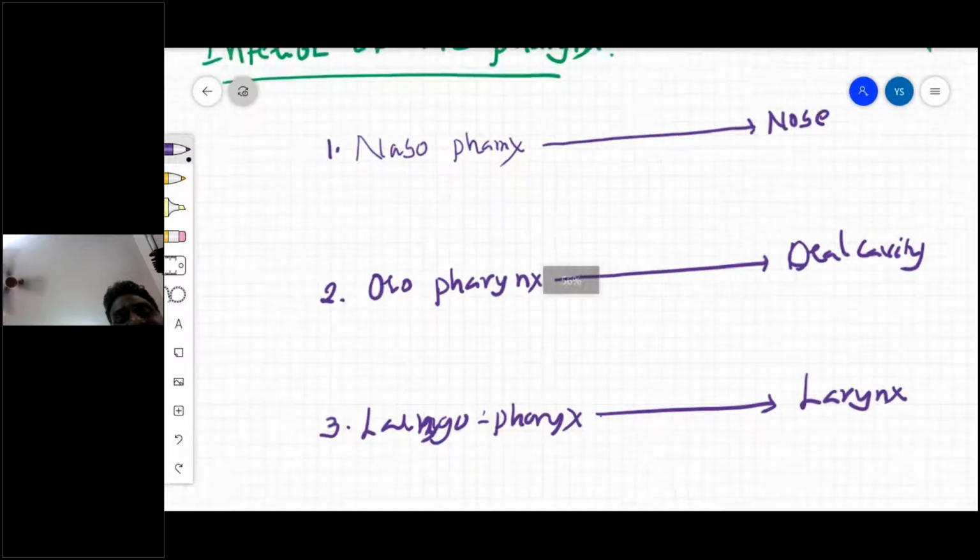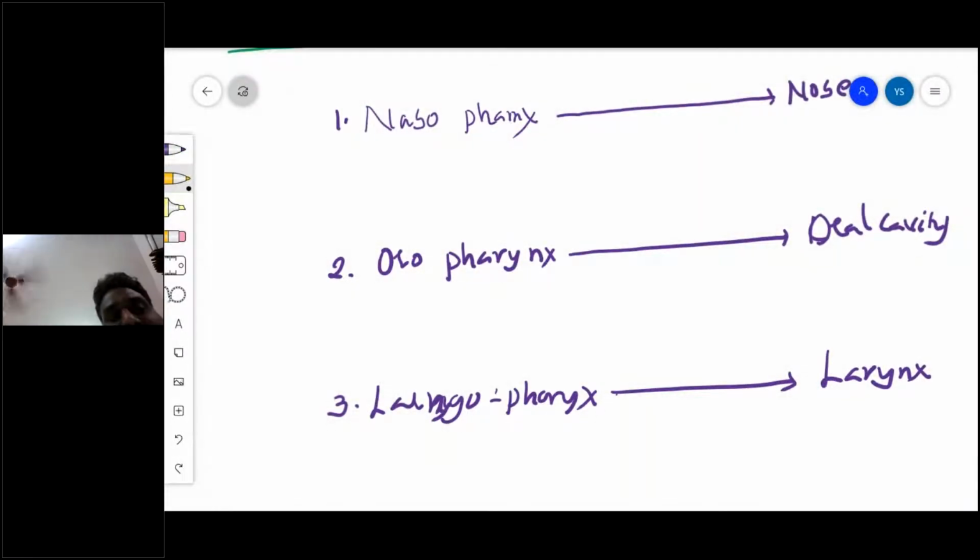What I'm telling is that nasopharynx continues as oropharynx at the level of the lower border of the palate. Which palate? Soft palate.